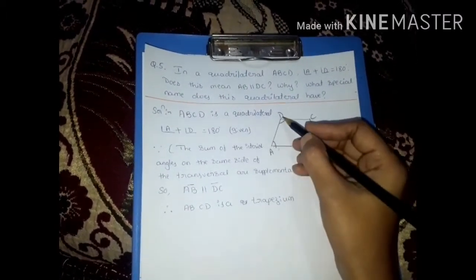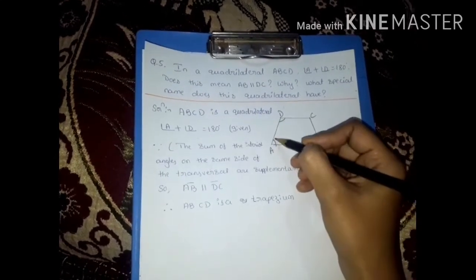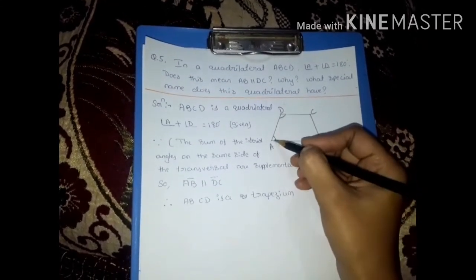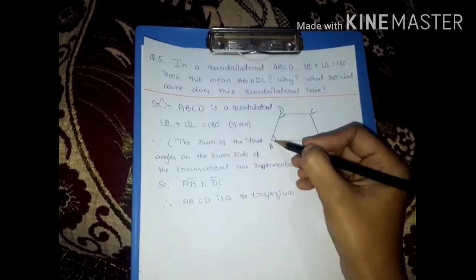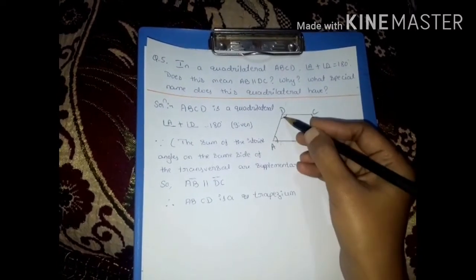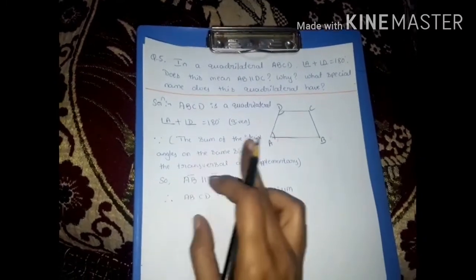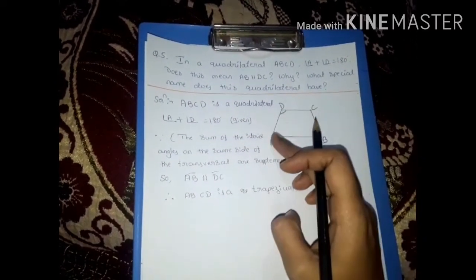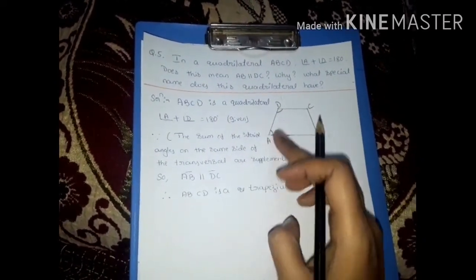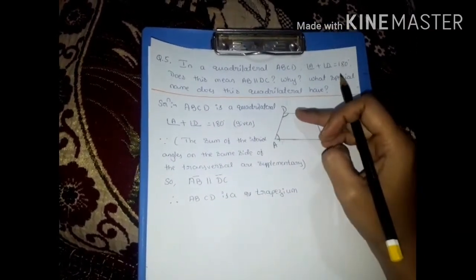These two angles are on the same side of the transversal and they are supplementary. For the reason, you have to write: the sum of the interior angles on the same side of the transversal is supplementary, which implies AB is parallel to DC.